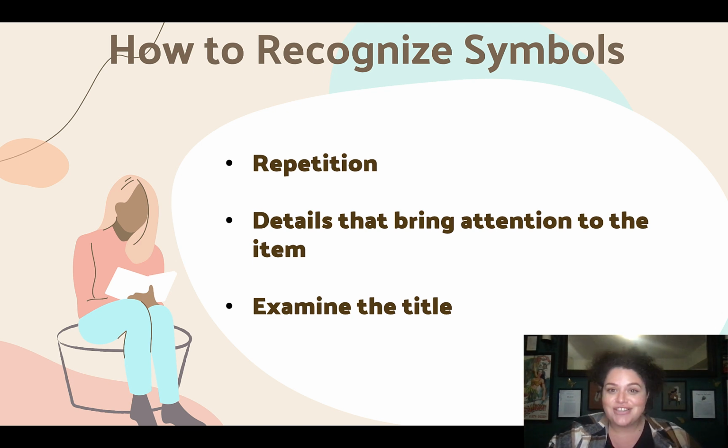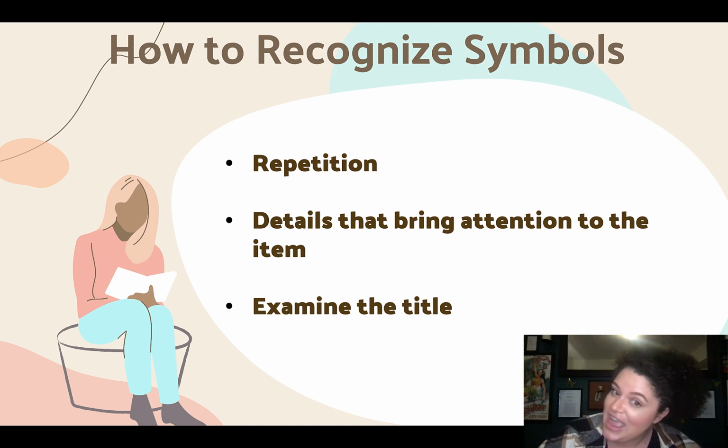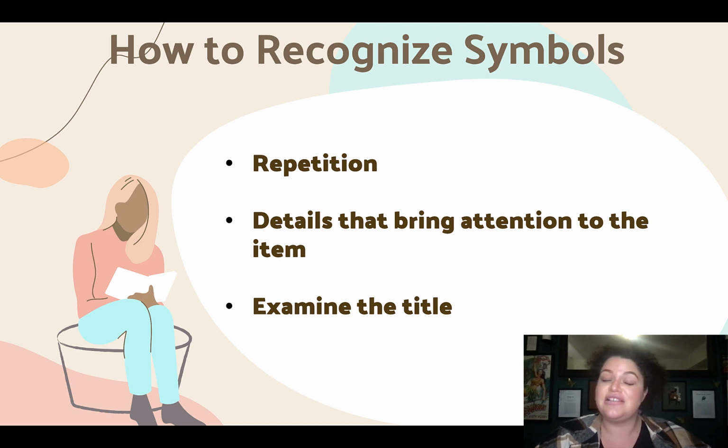So that should tell you it's going to be super important. If something shows up in the title, and if it's being repeated in the story, and if it has a lot of really detailed description, a symbol doesn't need all 3 of these things at the same time to be a symbol, but these are the things you really need to pay attention to when trying to recognize what is a symbol and what is not.